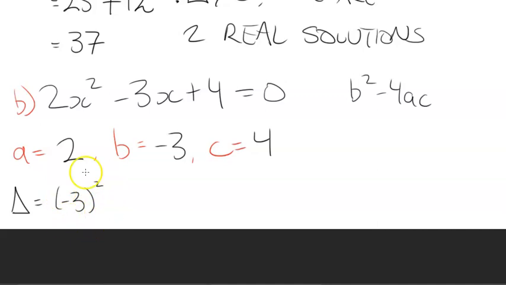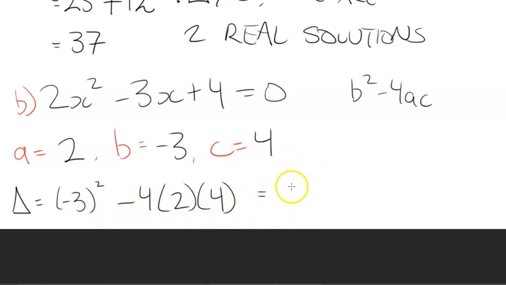Then this is minus 4 times a times c. Now I'm doing a sneaky thing by putting an equal sign within the same line. I know you're not supposed to do this, but I'm running out of space. Negative 3 squared will give me 9. Then negative 4 times 2 times negative 4. So negative 4 times 2 gives me negative 8, and negative 8 times negative 4 gives me 32.